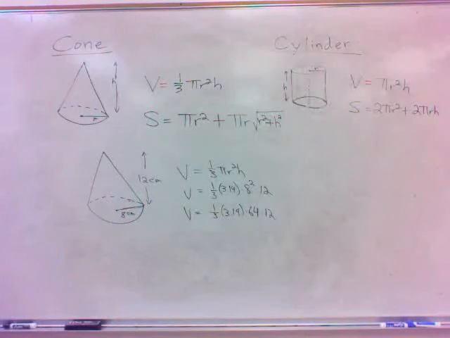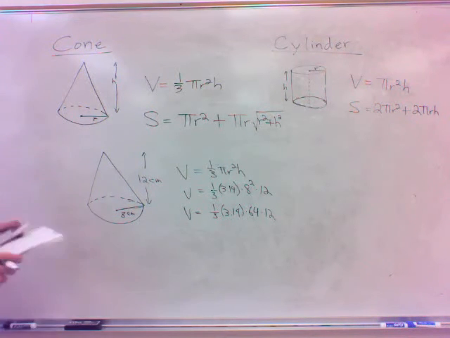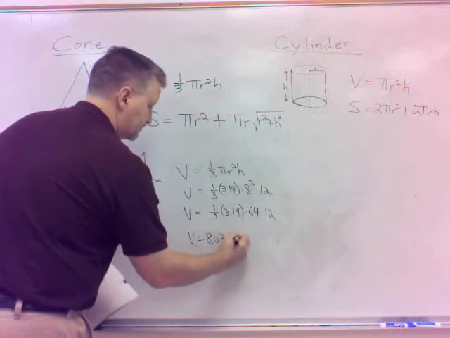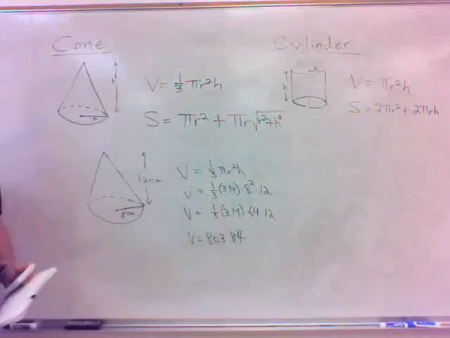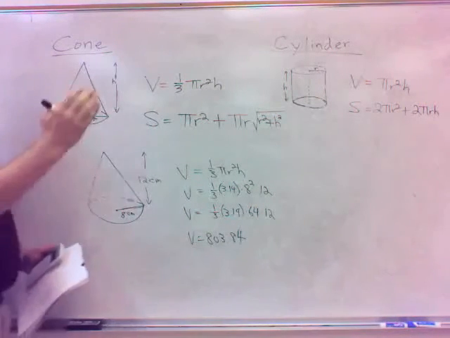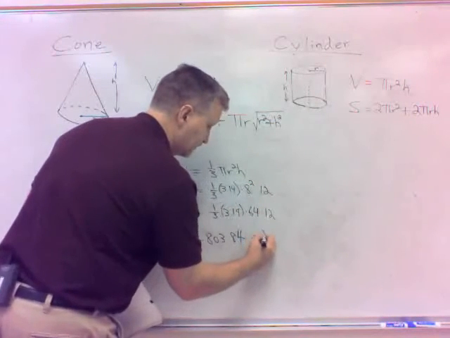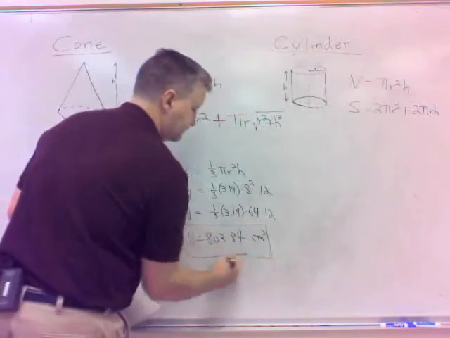All right. So 1/3 times 3.14 times 64 times 12. 803.84. And the units for volume, always cubic units, so centimeters cubed, would be the volume.